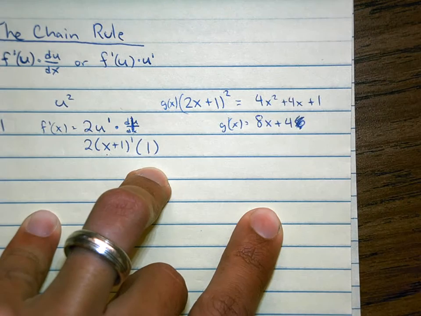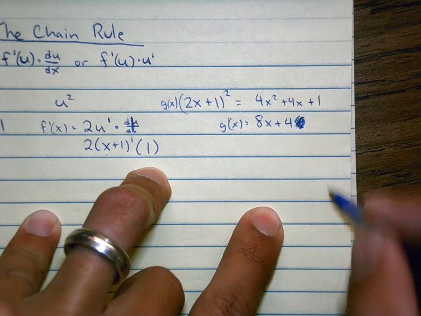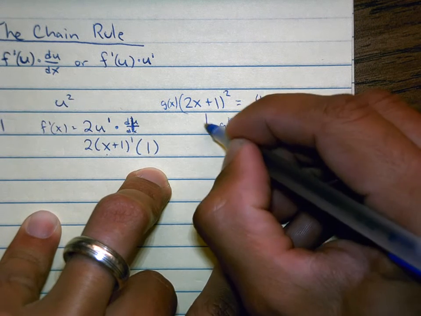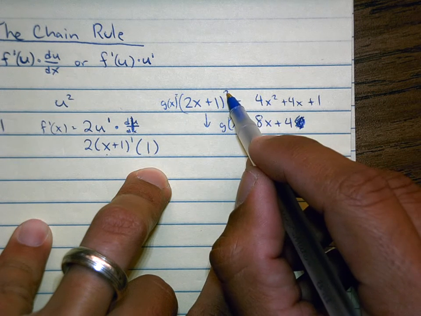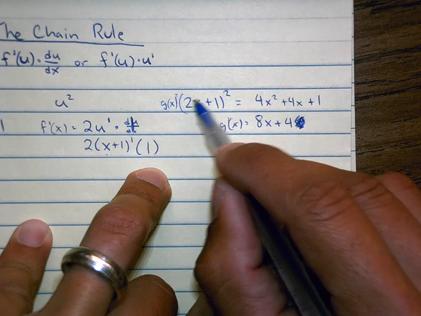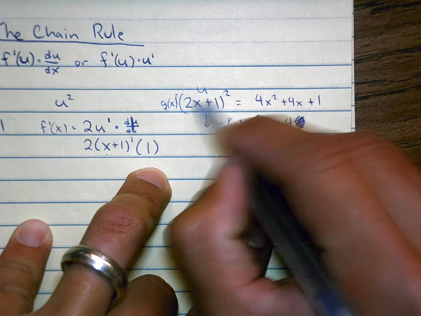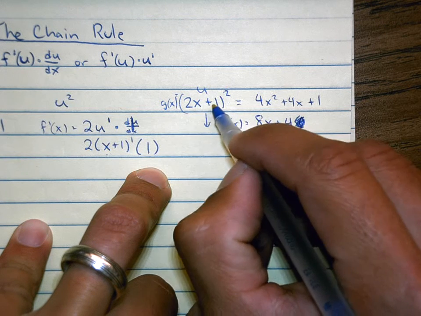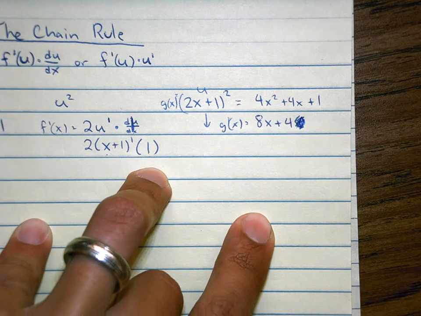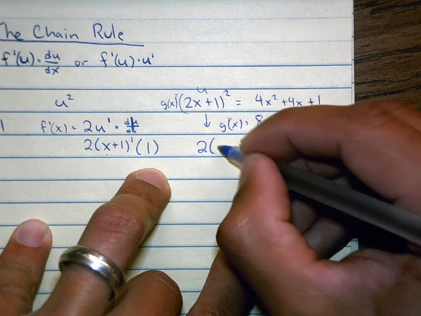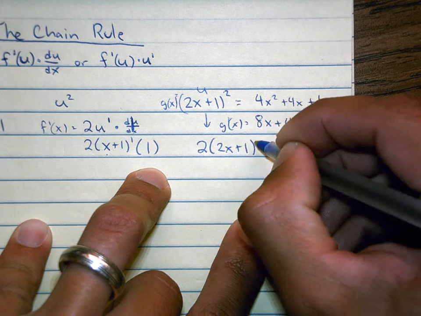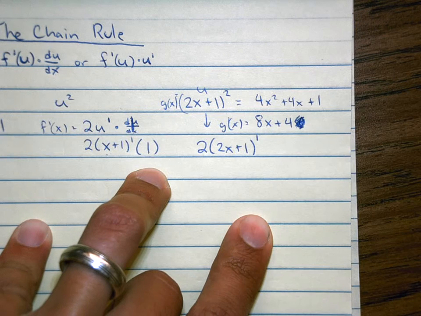Now let's try to use the chain rule as a part of it. The chain rule would say, take the derivative of the outside piece. Pretend that 2x plus 1 is a u. If you did the derivative of the outside piece, you would have 2 times (2x plus 1). Leave the inside piece alone.